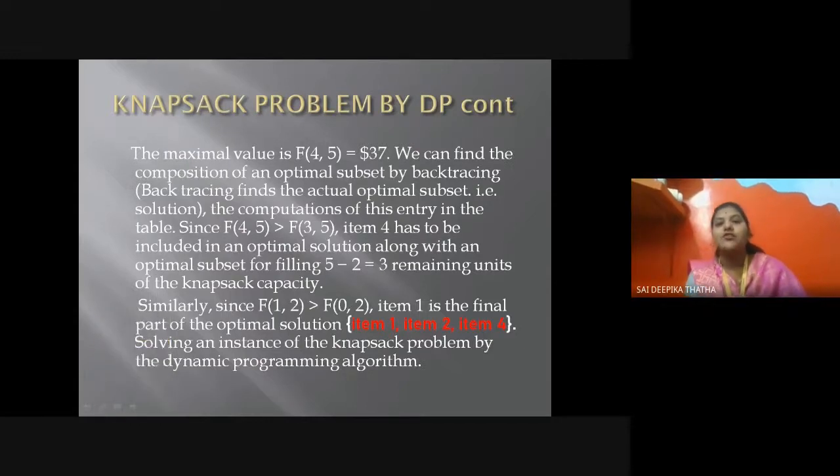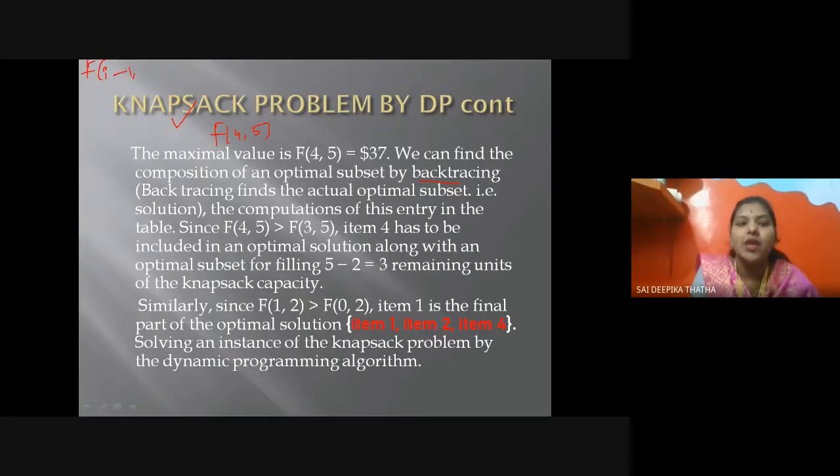Now, I'm going to find the composition of an optimal subset by the backtracking method. What backtracking means? We are finding the actual optimal subset solution. Now I have got F of 4, 5. Which items should be included in the knapsack? That is a big question. Here, there will be a formula: F of i minus 1, j.